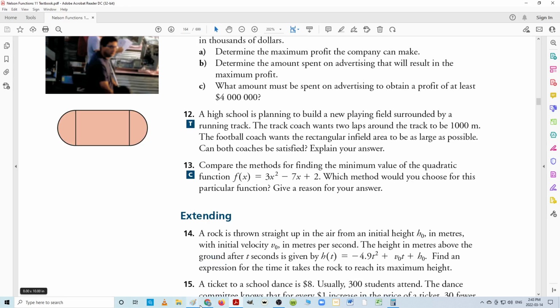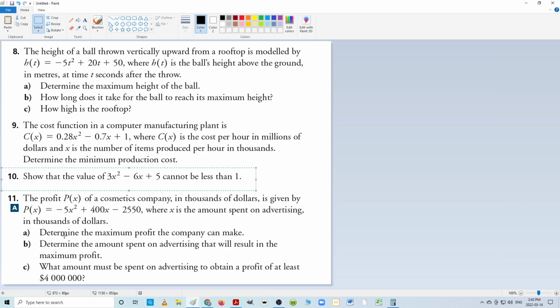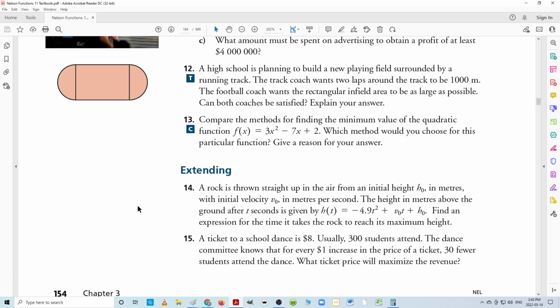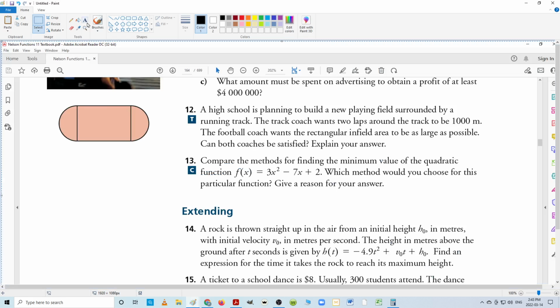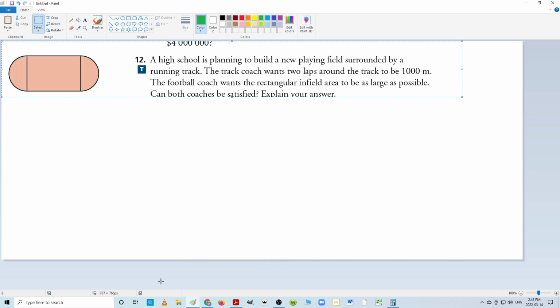Let's look at number 12 here. So we're going to focus on the track. We're going to try to understand a couple things about the track before we address it.